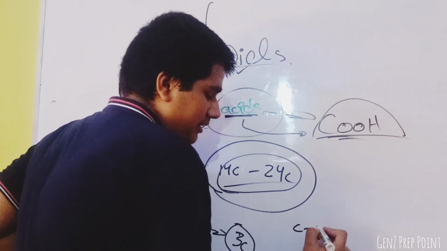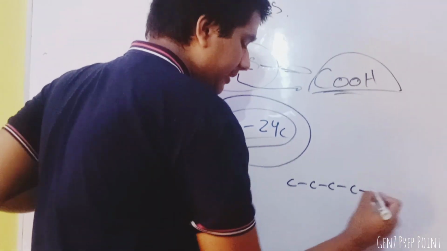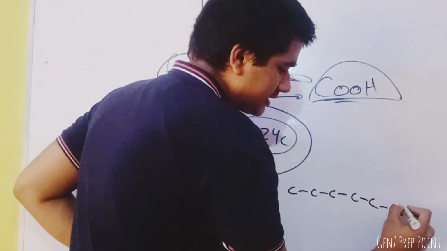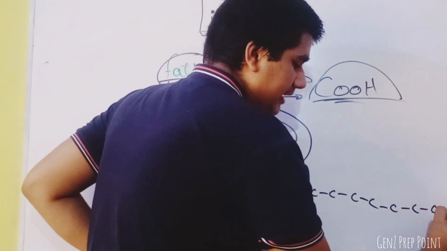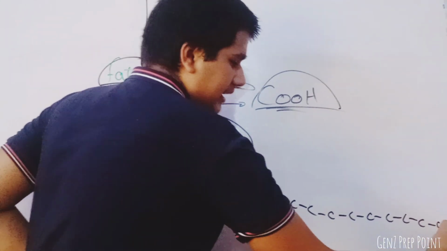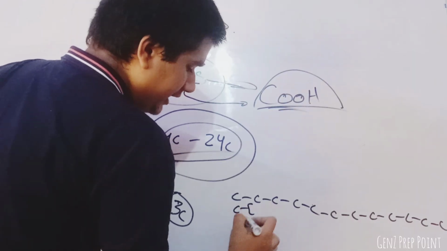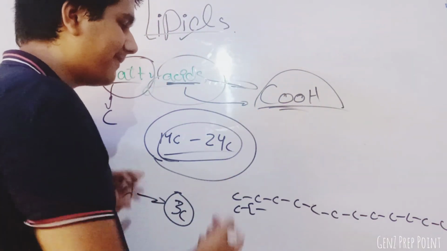For example, these are carbon bonds forming a chain: carbon 1, 2, 3, 4, 5, 6, 7, 8, 9, 10, 11, 12, 13, 14, 15. Now this is another fatty acid.